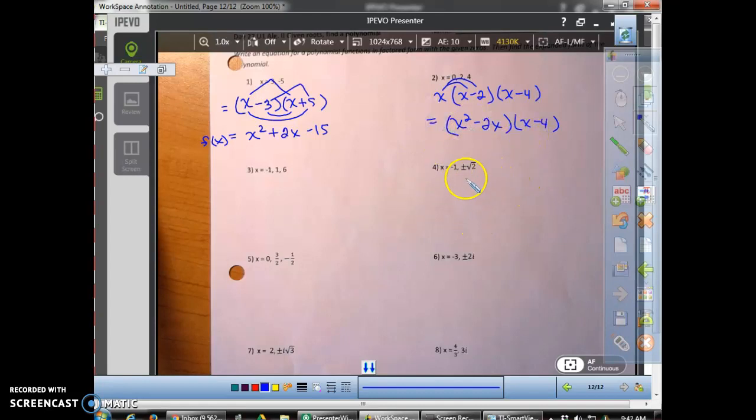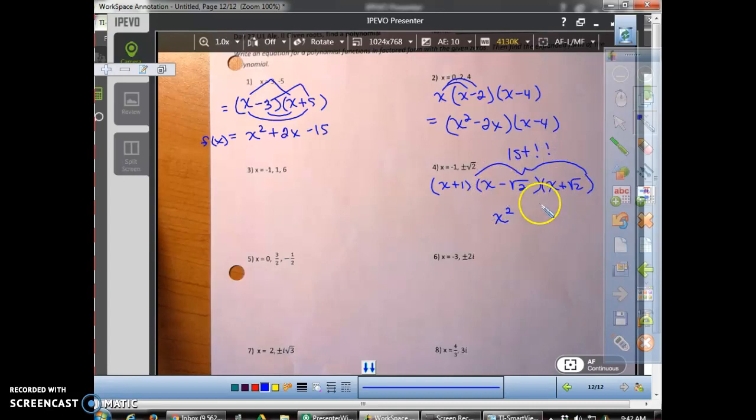Then ones like number 4, I have an x plus 1, and then I have x minus the square root of 2 times x plus the square root of 2. And be sure to always multiply your complex conjugates first. Do this first. And then what happens is x times x is x squared.